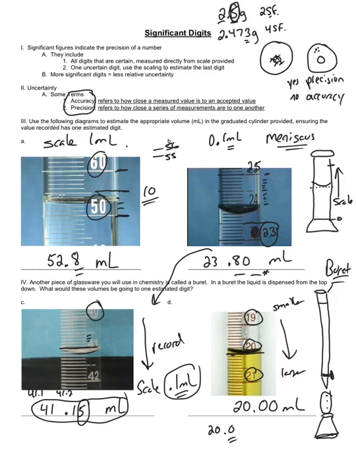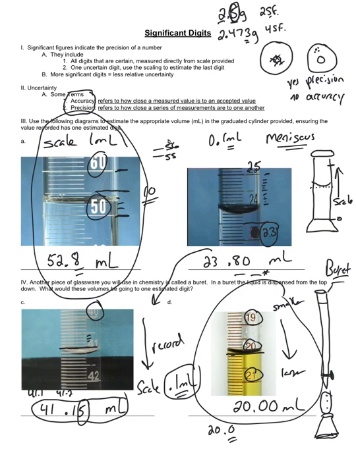Most graduated cylinders in our class measure to the nearest 1 milliliter. Burettes measure to the nearest tenth of a milliliter. Guess which device is much more expensive to purchase? You're right, the burette. Burettes are much more expensive because they give you more precision in measuring the liquid.